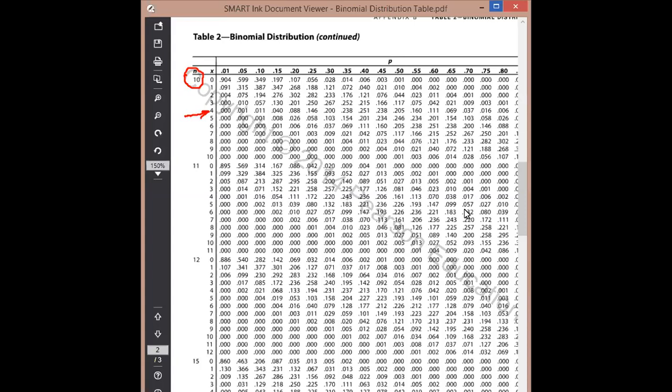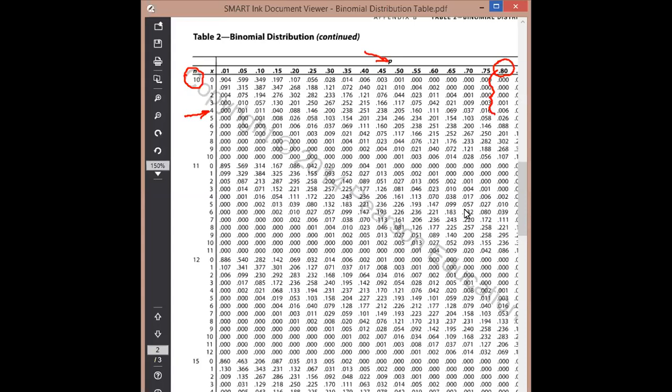What we're interested in is this section right here, where your probability of success p, going across the top, equals 0.8. Notice these probabilities are rounded to the thousandth place. Your graphing calculator is going to give you a much more exact value.